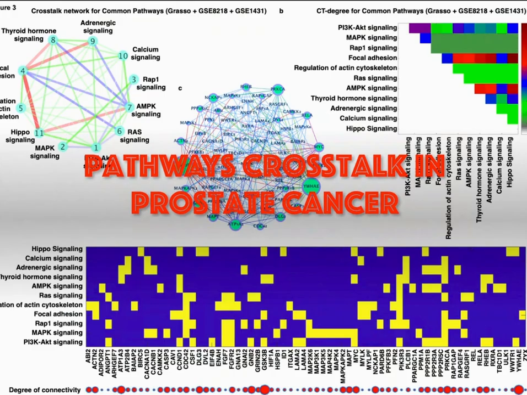For example, here AVI2, the first gene, is present in only one case, that is regulation of actin cytoskeleton. But ACTN2 is present in two pathways, that is focal adhesion and regulation of actin cytoskeleton. There are other genes, many genes, which are present in 5 pathways, 6 pathways, 3 pathways.